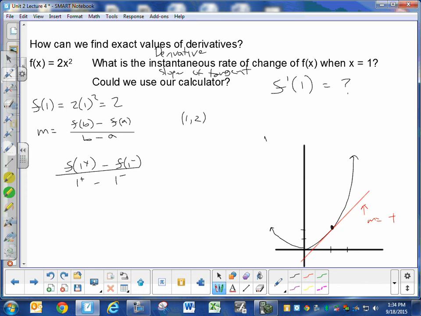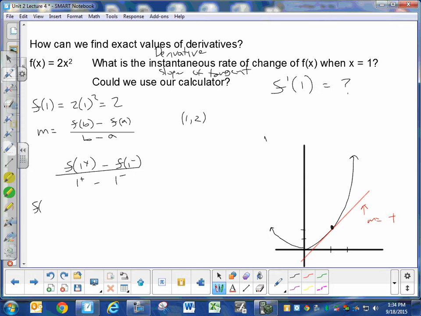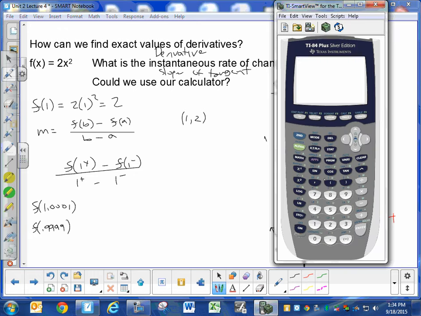So if I go 0.96 times and use that, that's going to be better than just 0.9, right? I'm just going to use 3 zeros and 4 nines. Let's see what I get.